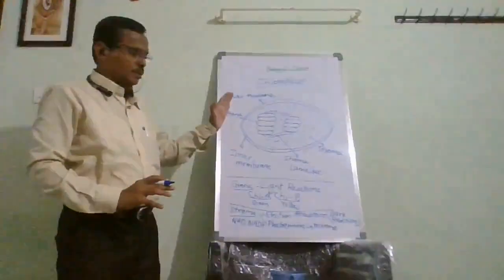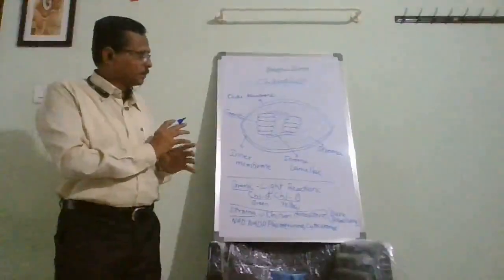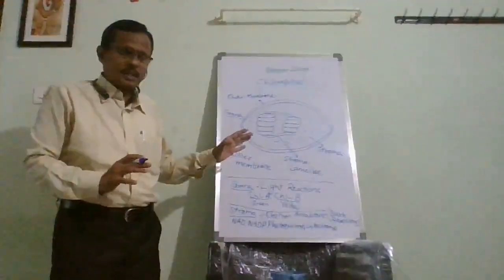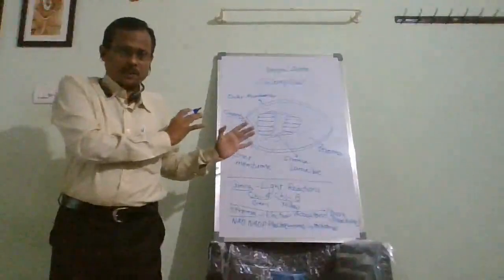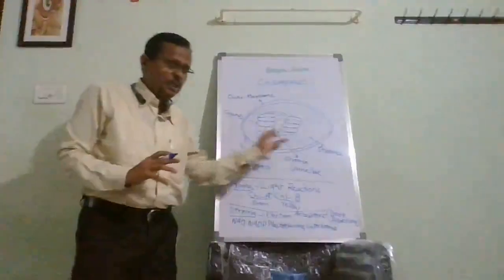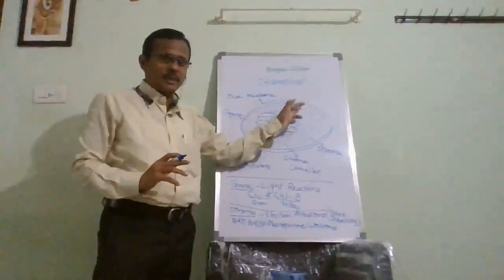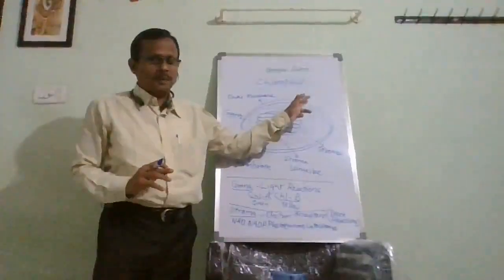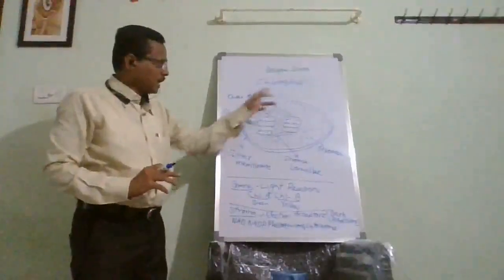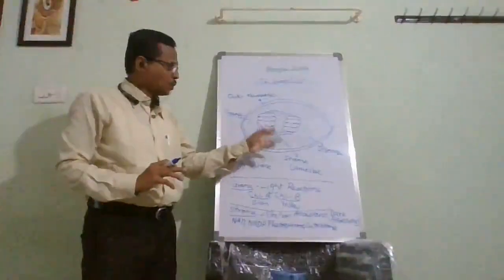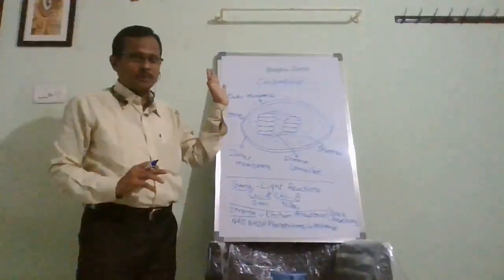So, to conclude, the structure of chloroplast has several points. The first one: it is oval in shape. It is bounded by a double layered membrane, the outer membrane and the inner membrane. Inside the inner membrane, you find stroma and grana.